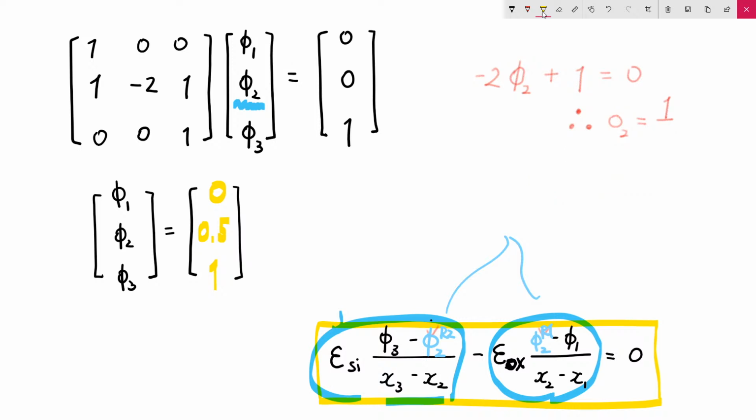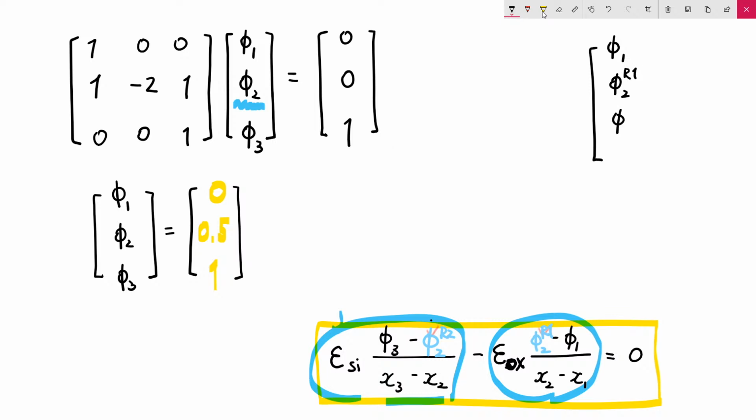What is our main purpose? Our main purpose is to make an analogy with, instead of this 3-point discretization, some analogous relation for our 4-point or 4 unknown variable discretization.